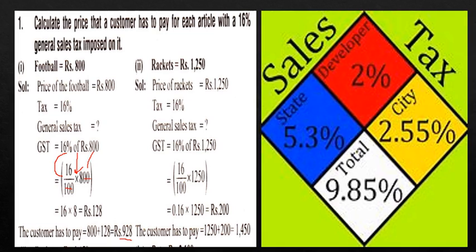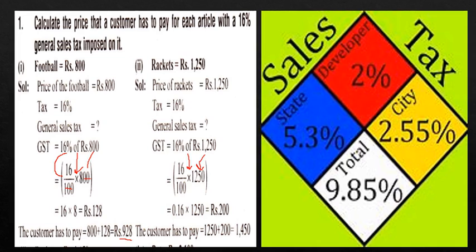Now, rackets is equal to rupees 1250. Tax 16%. GST we are finding, 16% of rupees 1250. 16 divided by 100 of will convert into multiplication. We write the value.